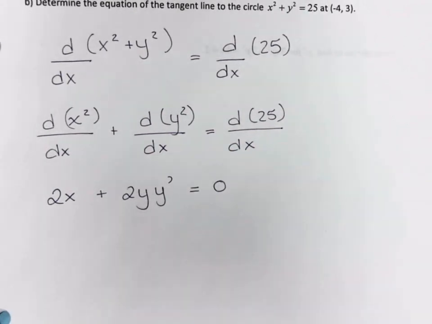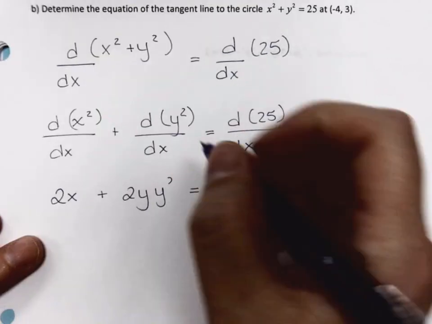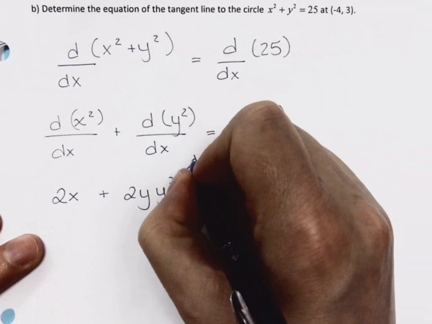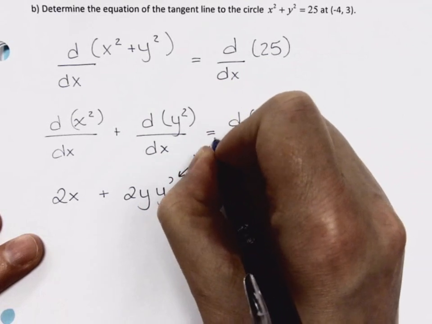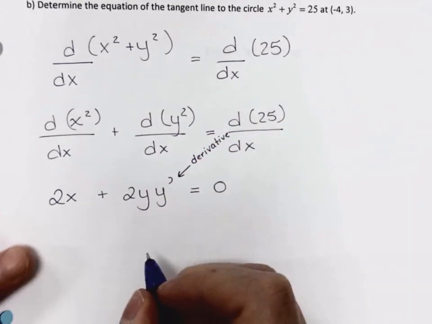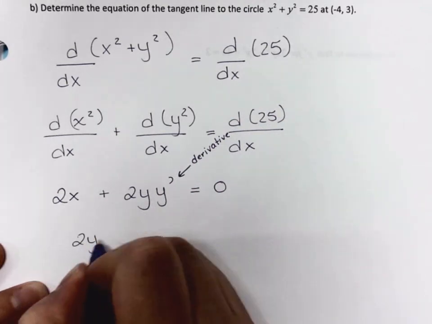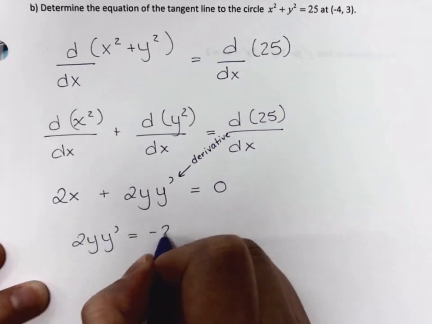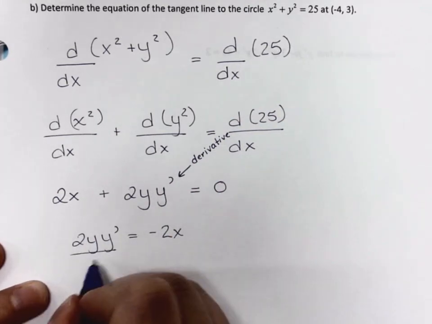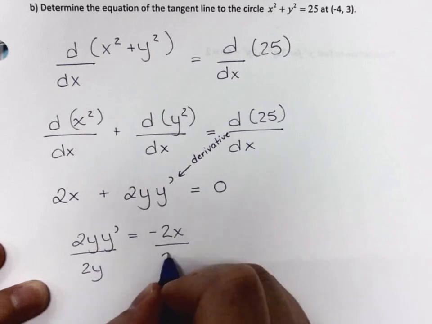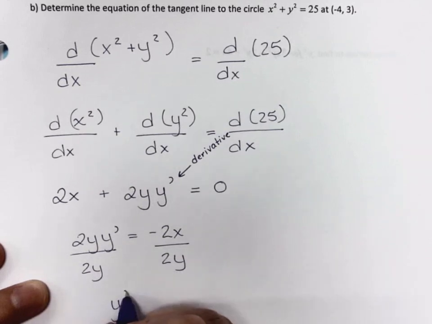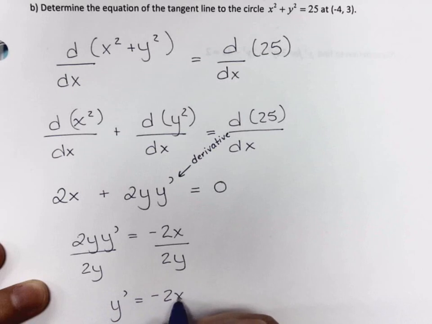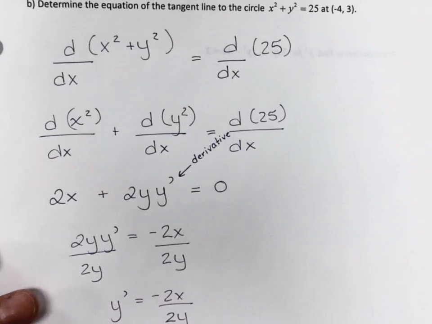So now what we can do is we can rearrange this equation to equal the derivative. And this is the derivative. So I'm going to have 2y prime equals negative 2x, divide by 2y, divide by 2y. So y prime is equal to negative 2x over 2y.